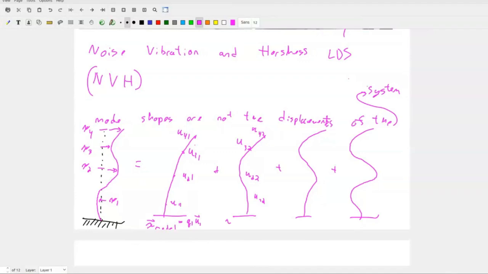And now I'll have x vector of mode 2, and that equals my participation factor 2 u vector 2, and that's going to be x of mode 3, which is equal to my participation factor 3 u vector of 3, and that'll continue on for the fourth one.